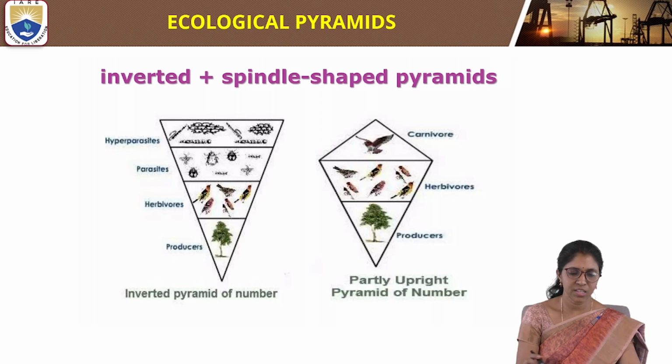So this is an inverted pyramid of number, and this is a partly upright pyramid of number. It depends upon the ecosystem.